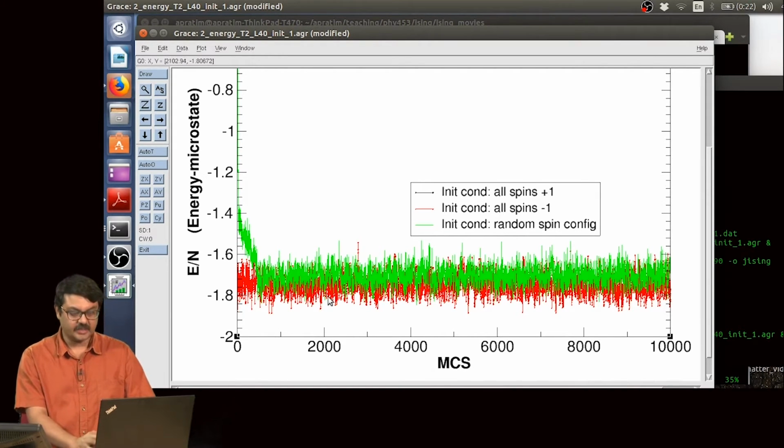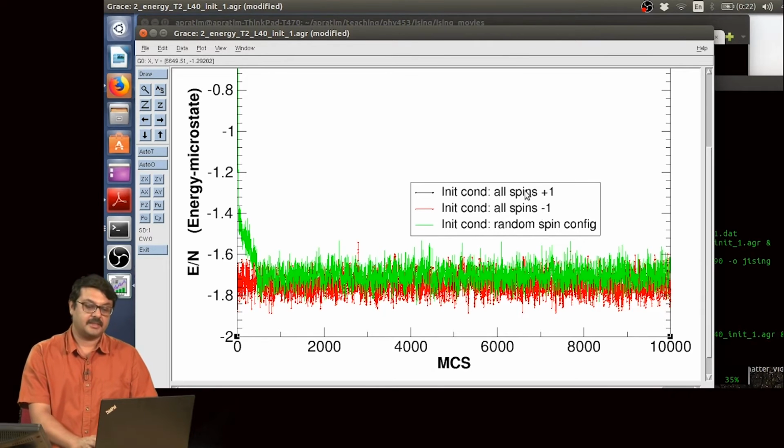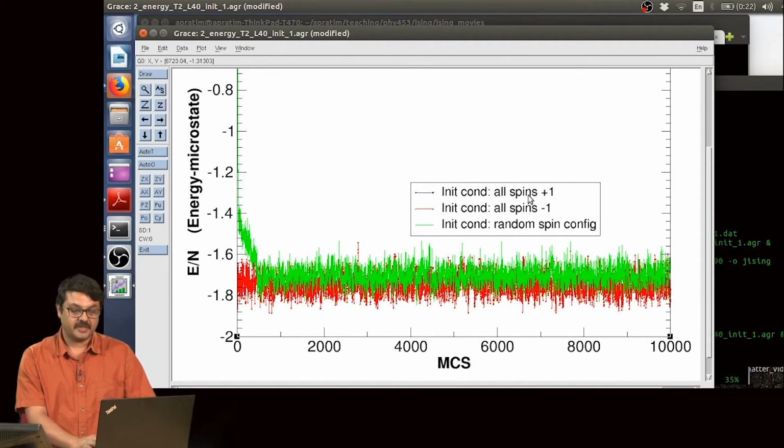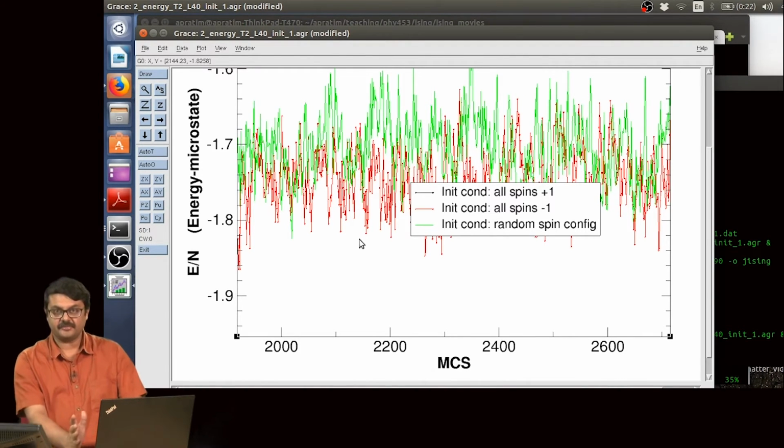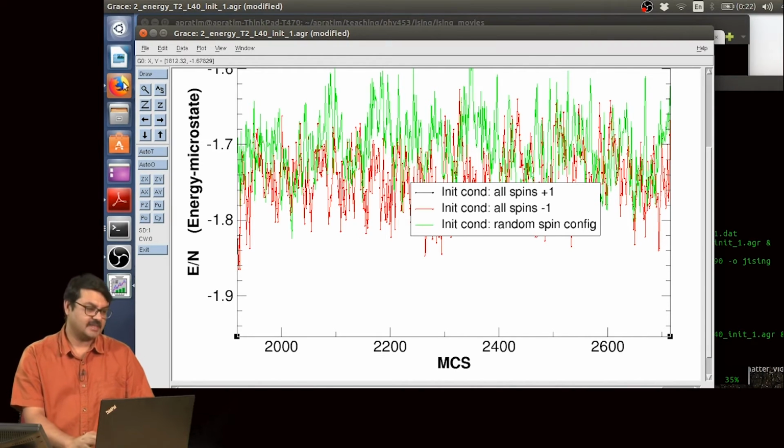So, the red data where we started from all spins pointing down, and the black data where all spins were pointing up, are exactly on top of each other. So, let us look in greater detail, and you see you can't figure out any difference between the red and black. So, why is this?